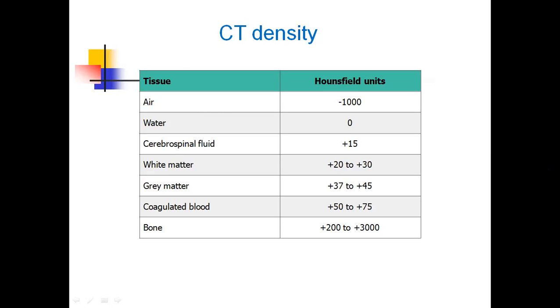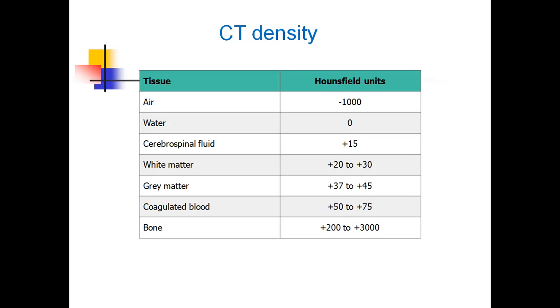Density of different tissues and different objects in CNS evaluation: you see that such objects as white matter and gray matter are quite close to each other, measured in Hounsfield units, and of course they will be hardly distinct by eye.